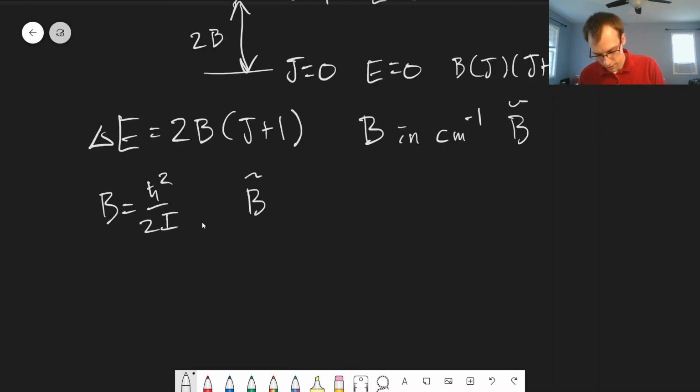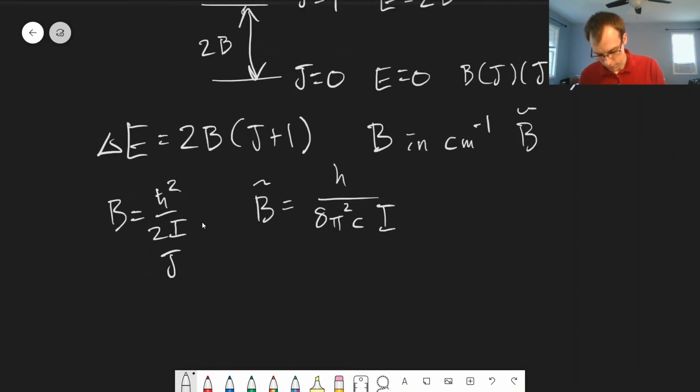B tilde is switching the units, and we'll go ahead and write out the pi specifically: h over 8 pi squared c times I. That gives you the same thing as we saw for B. This is just switching from units of, I believe, hertz. So joules, not hertz, and this is in units of wave numbers.